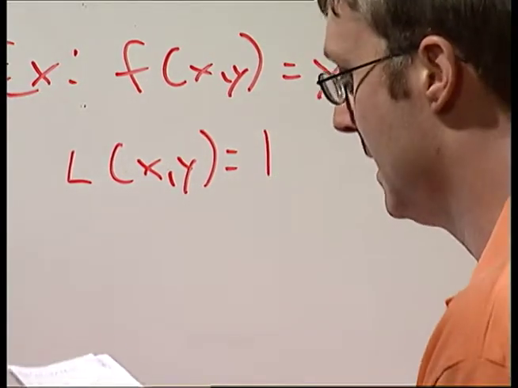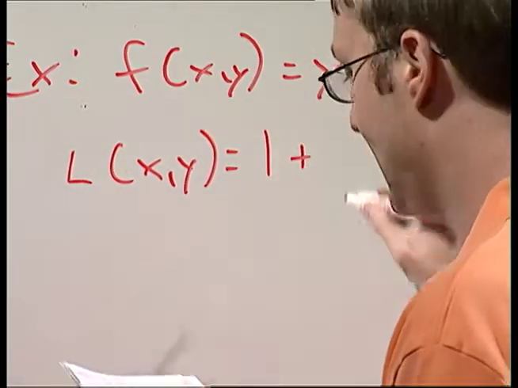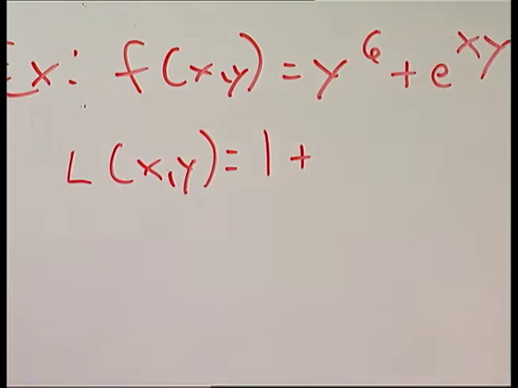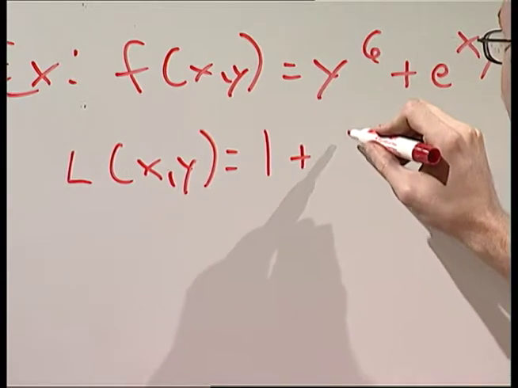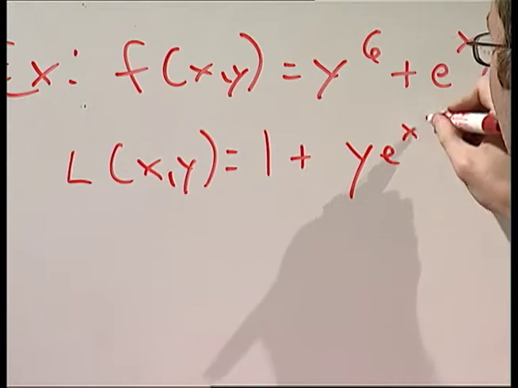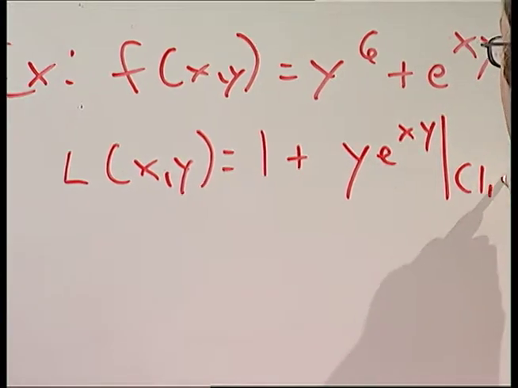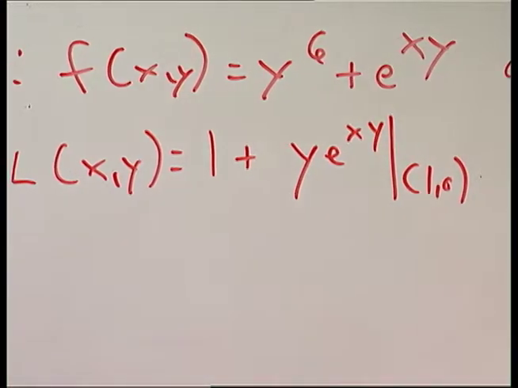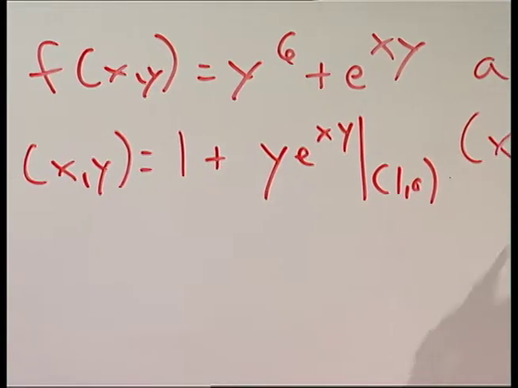Then I need partial f, partial x, which means I need y e to the xy at 1, 0, times x minus 1.